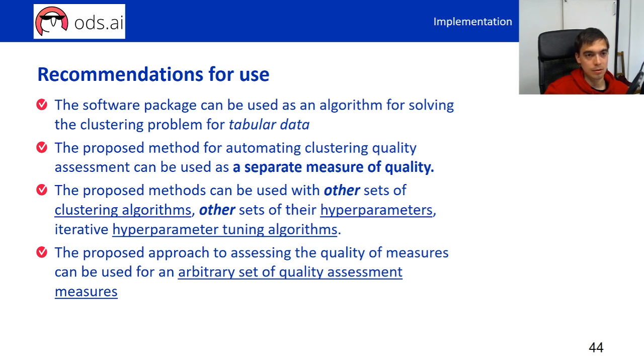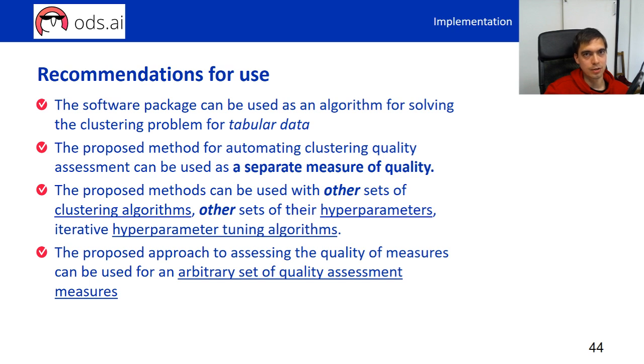But still, you have an option to choose other algorithms, and we state that our approach is still viable and it will work. Also, the proposed approach to assessing the quality of measures can be used for an arbitrary set of quality assessment measures.